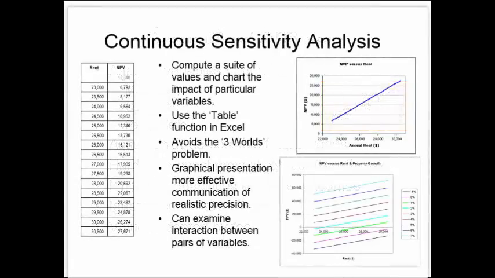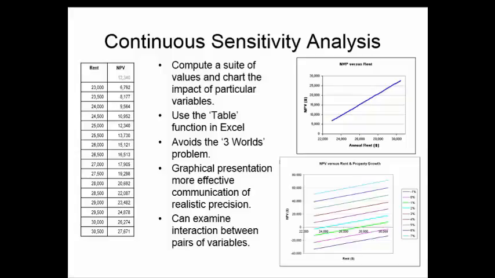A development of the traditional sensitivity analysis is to produce indications of the effect on the output variables, the net present value or the IRR, on the basis of continuous trend in the changes to the target variables. And this can be seen in this slide with the investigation of rent in the example of the DCF model we've been building over the last couple of weeks.